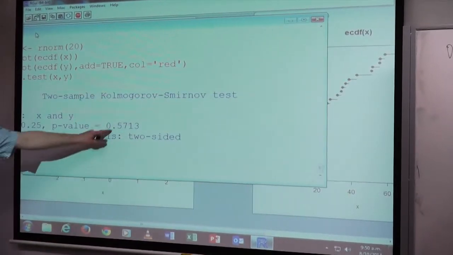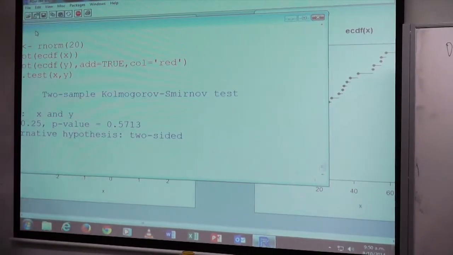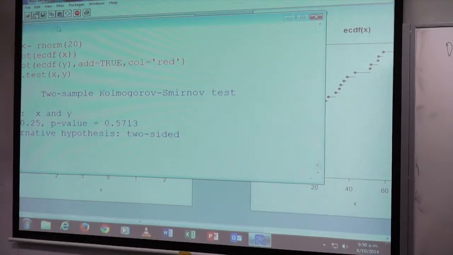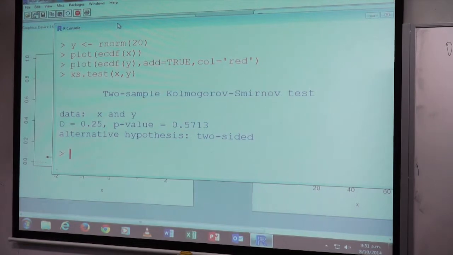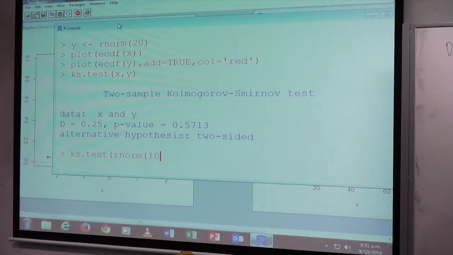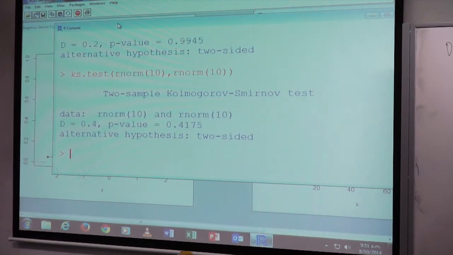Significant or not? No. No, no. Eventually I'll get a no. Yeah, eventually I'll get a type 1 error.